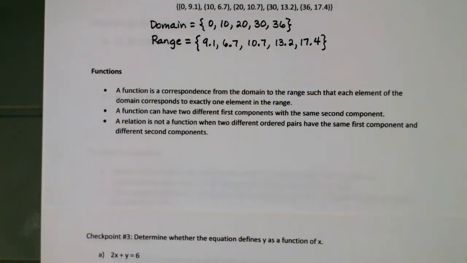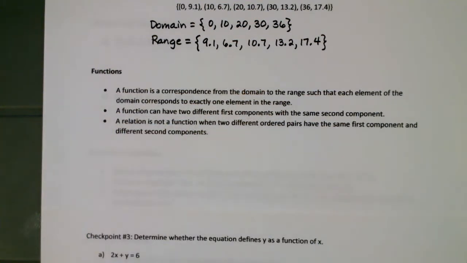That means in order for you to have a function, only one x can be paired with only one y value. If you have an x paired with two different y values, then that would not be a function. Or I should say two or more, an x value paired with two or more different y values, you would not have a function.